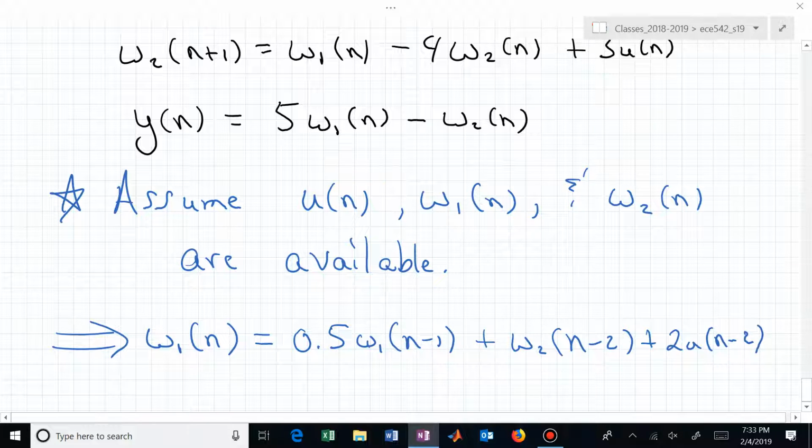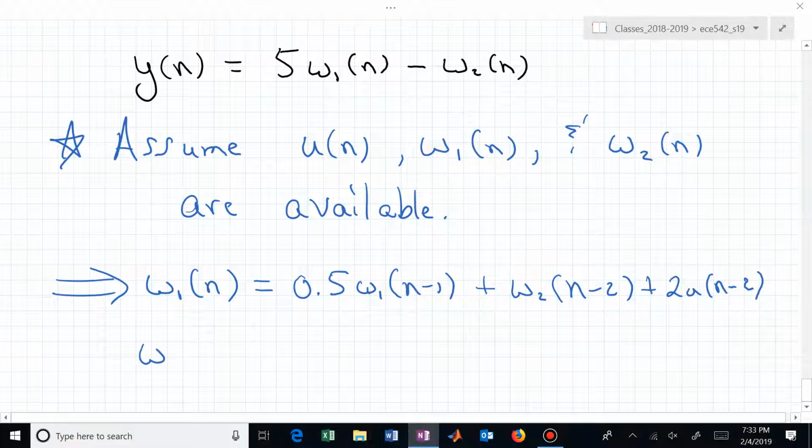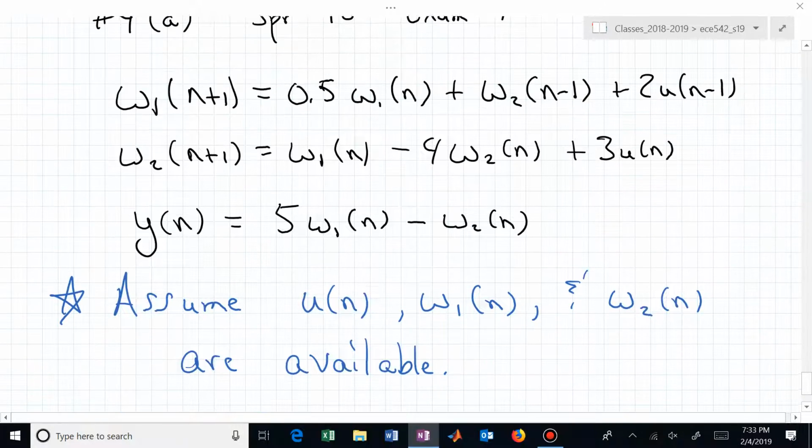Is it clear where that came from? We can always adjust the arguments of our difference equation as long as we do the equivalent adjustment inside the argument of each term. Then we can adjust W sub 2 to be whatever it needs to be.